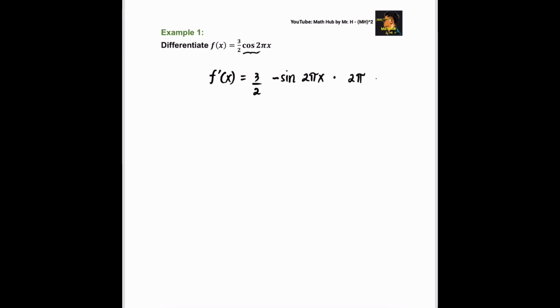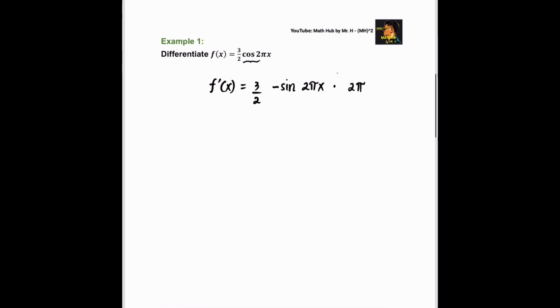And then to get the final answer, we simplify what we got. So f prime of x is equal to, this one, 2 divided by 2 is 1 and nothing more. So we write our final answer, which is negative 3 pi sine of 2 pi x.